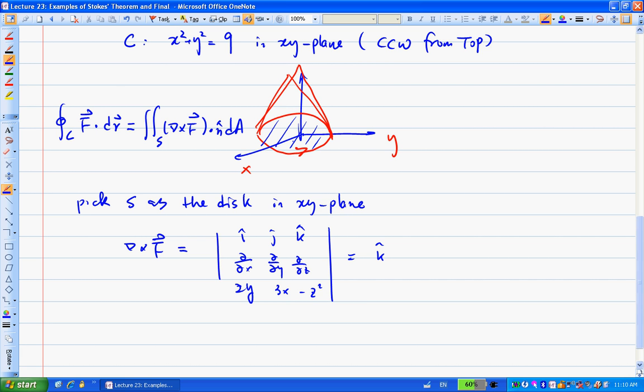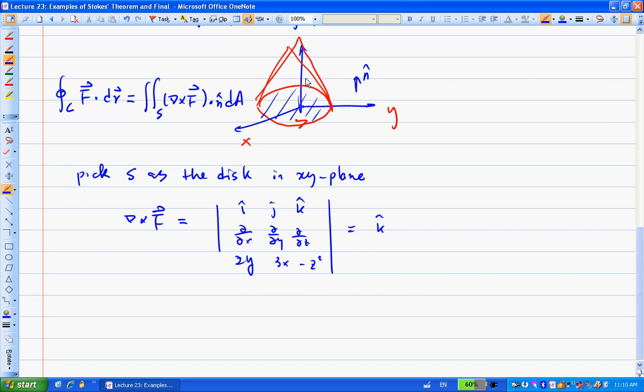The right-hand rule needs to be satisfied between the orientation of C and the orientation of the n hat. So C is going counterclockwise, so the n hat must be pointing up. So the n hat here is basically the k hat.